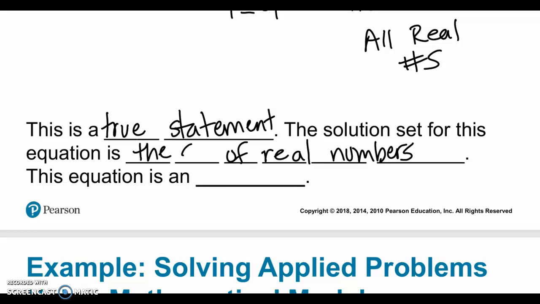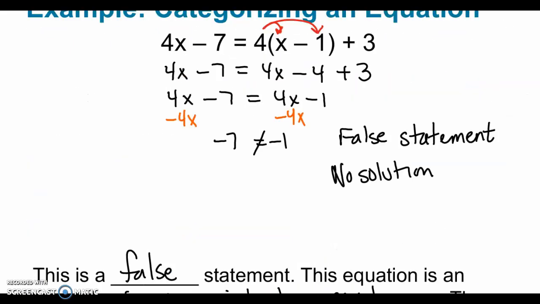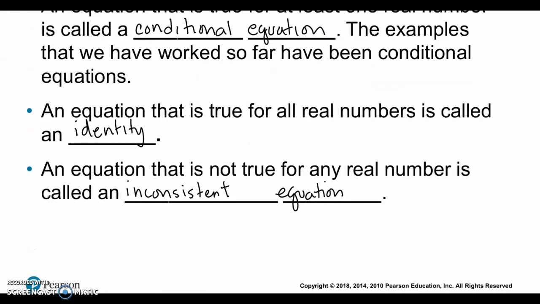This equation is an identity. So when you look at the equations, if you end up with one answer, at least one answer, conditional. If you end up with a true statement, identity. And if you end up with a false statement, inconsistent equation.